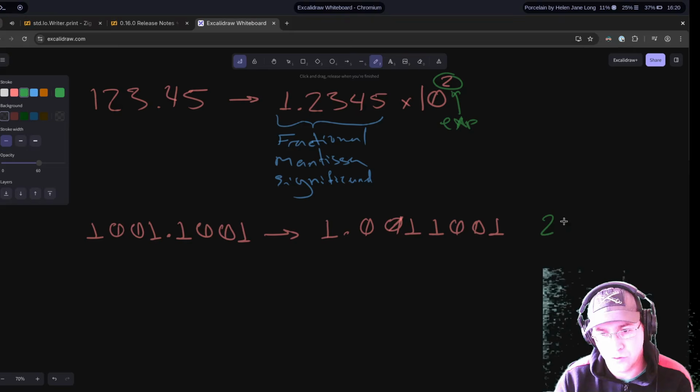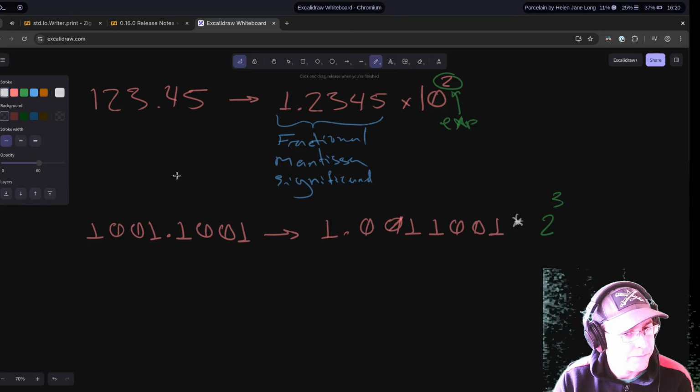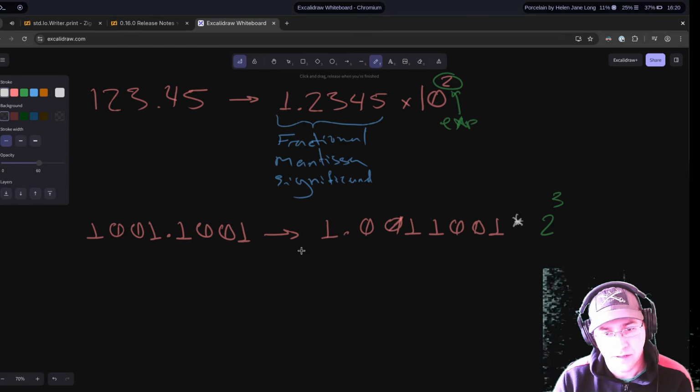We're going to multiply it by 2 to the, how many times did we shift this over? 1, 2, 3. 2 to the third. Okay. And that is our scientific notation version of this 9 and 9/16. It can be represented as 1.0011001 times 2 to the third.